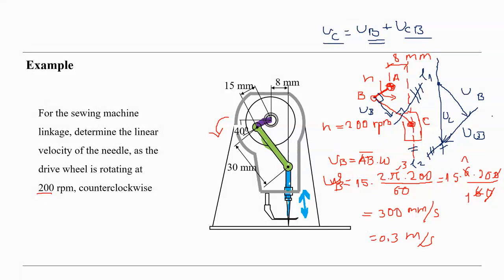So that means VC is equal VB plus VCB, and using a scale we can easily calculate the magnitude of the needle speed. And you can do it for each position, turning at the speed of 200 RPM. It's possible.